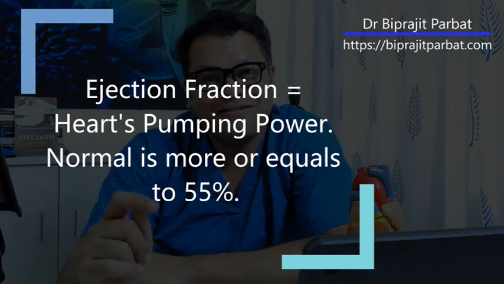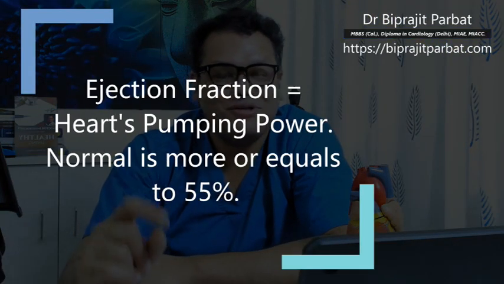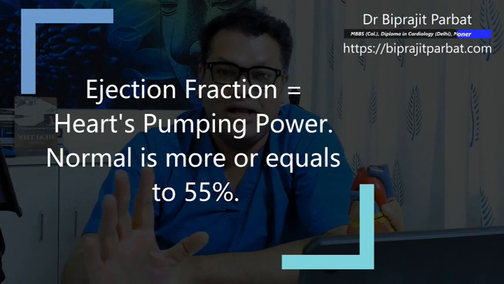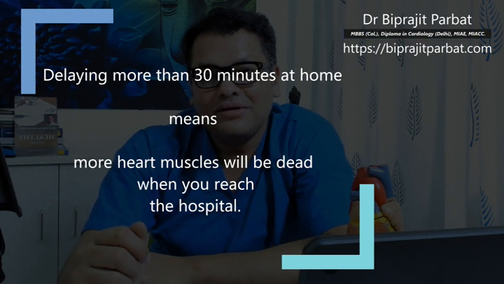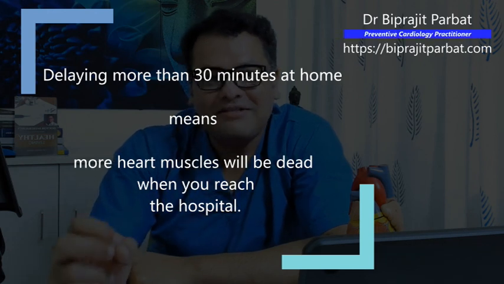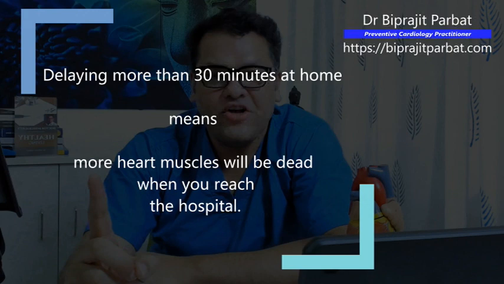But as it was delayed, when he had the heart attack, his ejection fraction dropped to 40%. And it never recovered. And you know why? The reason it never recovered is because he delayed.